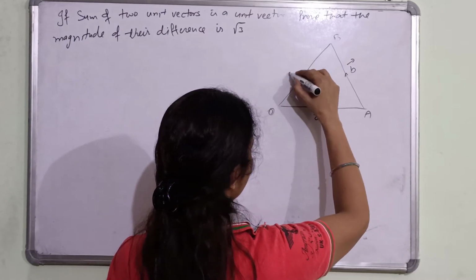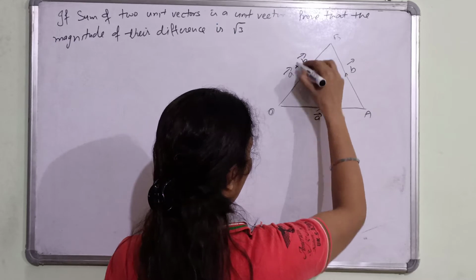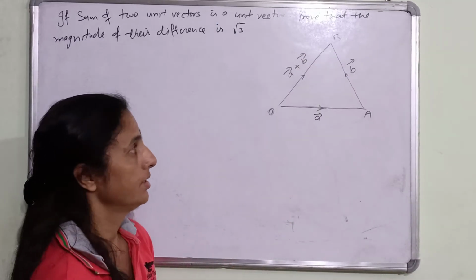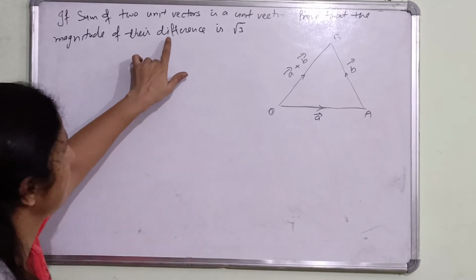So obviously this is A vector plus B vector, by the triangle law. We have already done this earlier. So we have to find the difference.